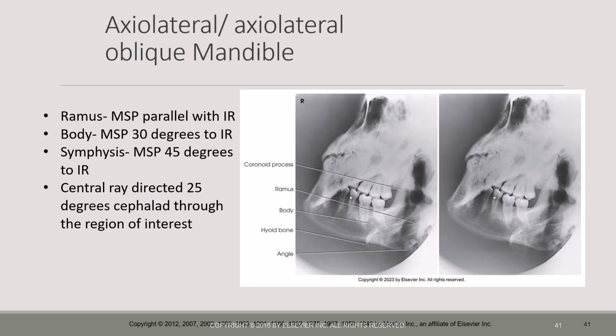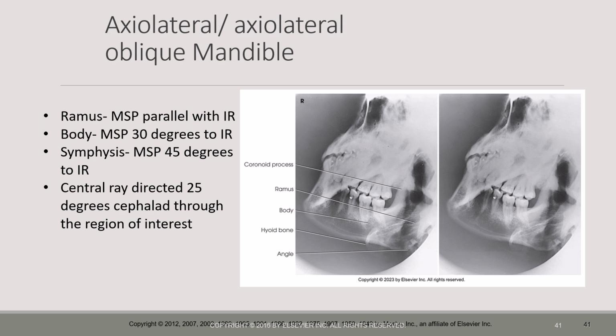Okay, so if you want to see the rami in a true lateral, then position them with the mid-sagittal plane in a true lateral, and then center to the ramus, midway between the gonian and the TMJ joint. If you want to see the body in a true lateral, then you rotate the patient's head 30 degrees toward the image receptor so that the body of the mandible is laying flat against the image receptor surface, and then center halfway between the gonian and the mental point.